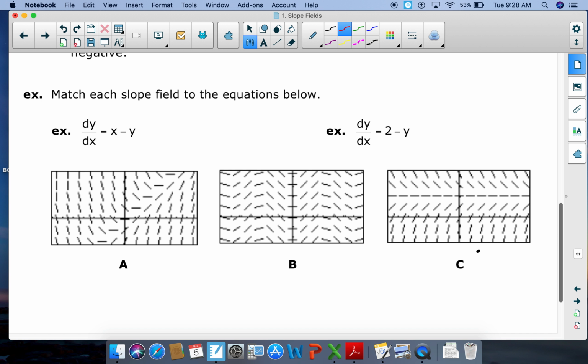Okay. This is x and y. This one was x only. And this one was y only. Which means if this is an x and y, that has to be a. That's a slope field. If this is a y only, that means c goes with this one.